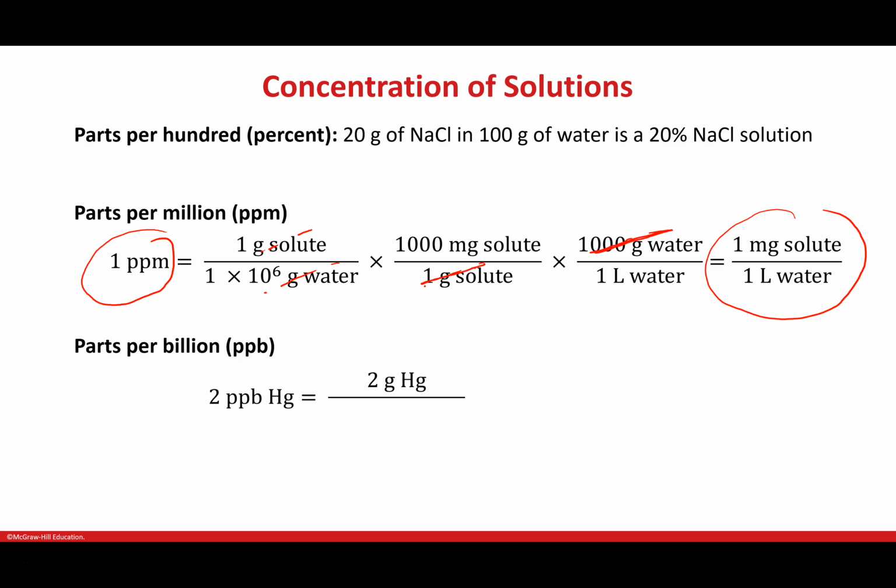Yeah, so for your final exam, you can have your periodic tables. Mercury. Hg is mercury. Perfect. So putting together the whole 10 to the 9th is 1 billion. So in terms of mercury, if it's 2 parts per billion, you have 2 grams of Hg over 1 times 10 to the 9th grams of water. Cool.